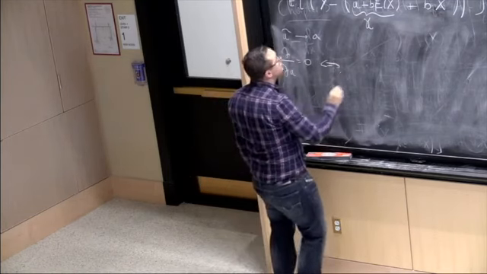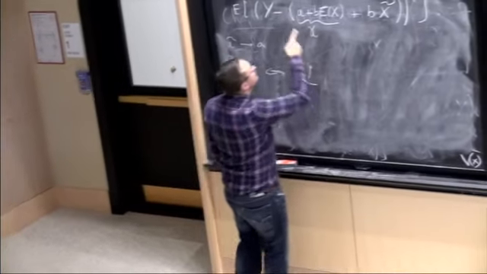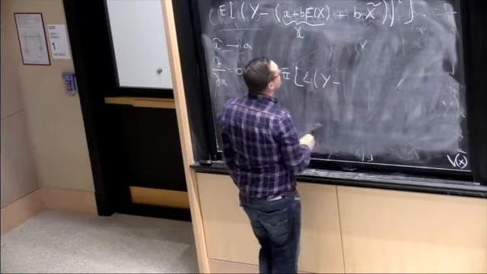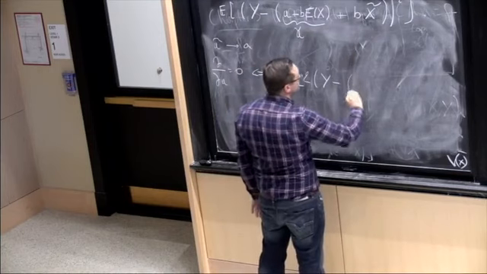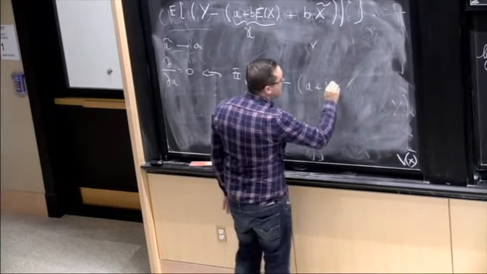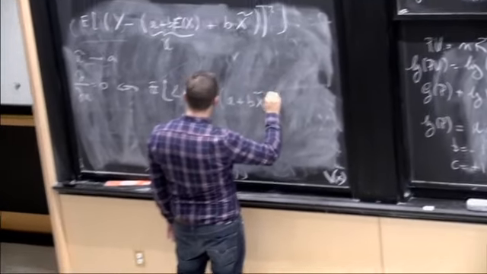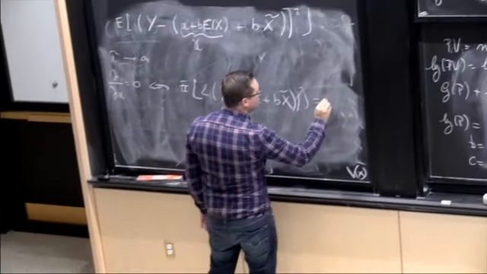So that's equivalent to saying that the expectation of, well, here I'm going to pick up a 2, y minus (a plus b x tilde) is equal to 0.